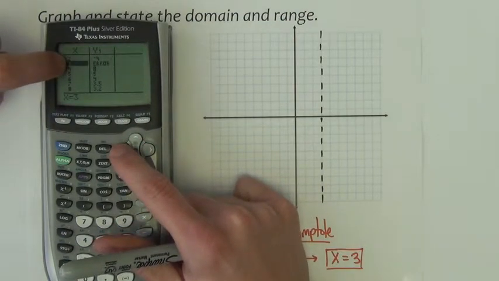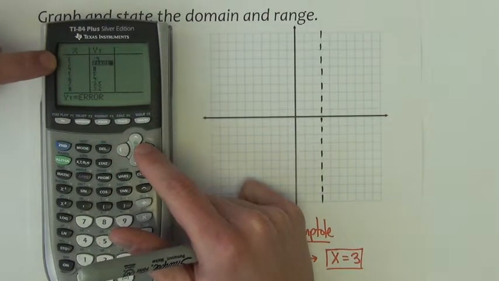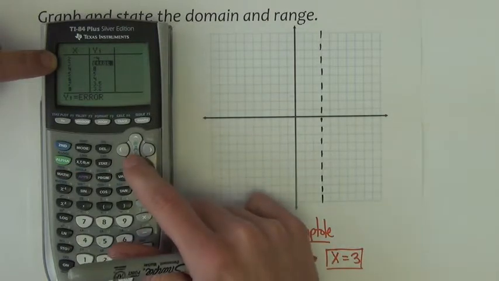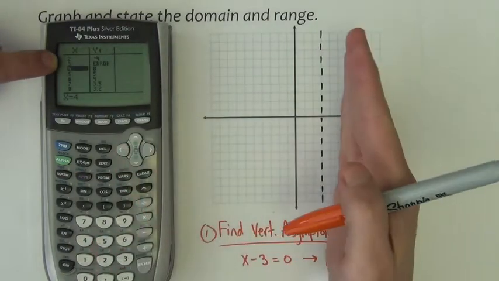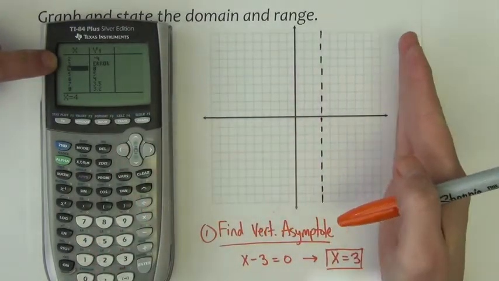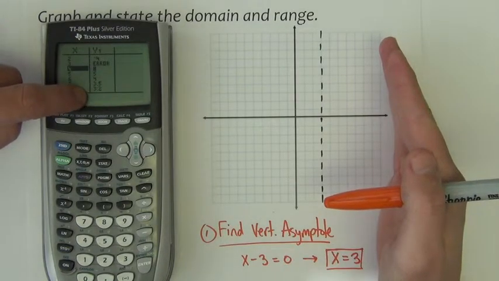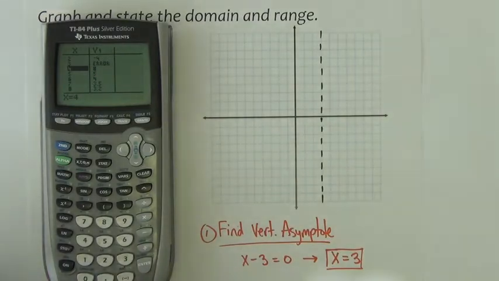It tells me that when x is 3, there's an error. That's the vertical asymptote. The calculator cannot compute a point when x is 3.